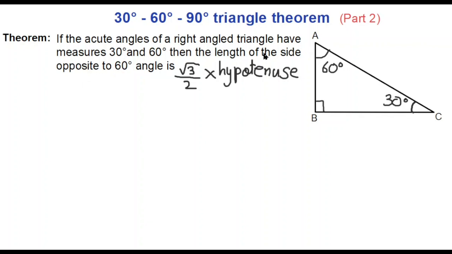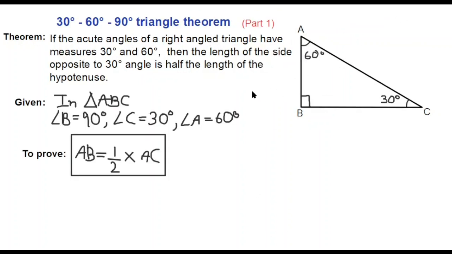So here what we have to prove is the length of the side opposite to the 60° angle. Okay, that we have to see in part 2. See here, in part 1 of this theorem what we have seen is the length of the side opposite to the 30° angle.